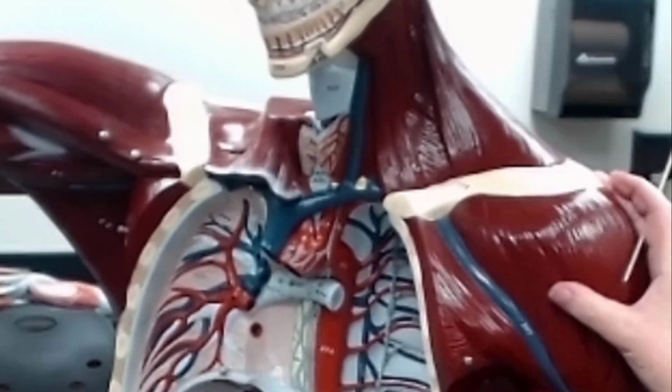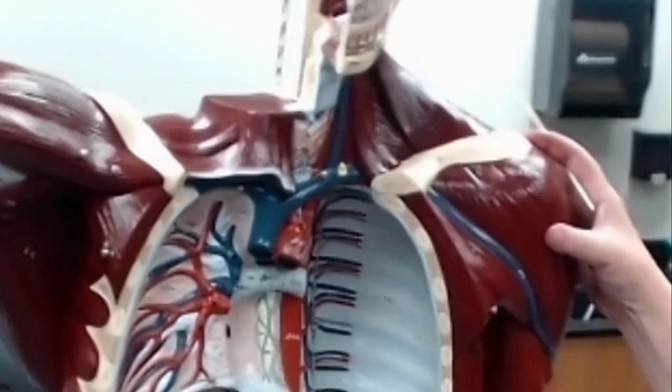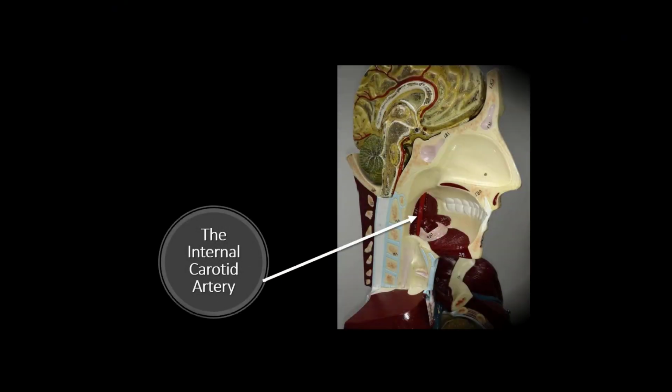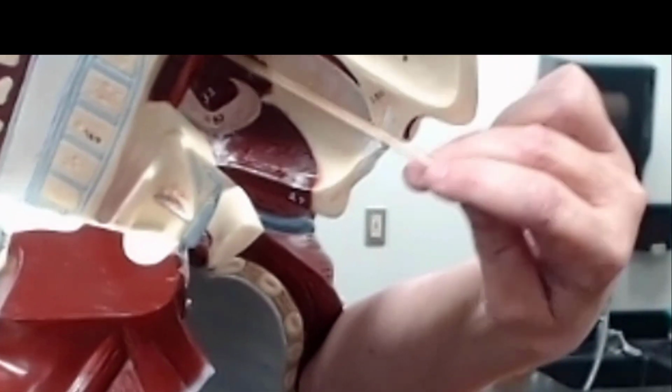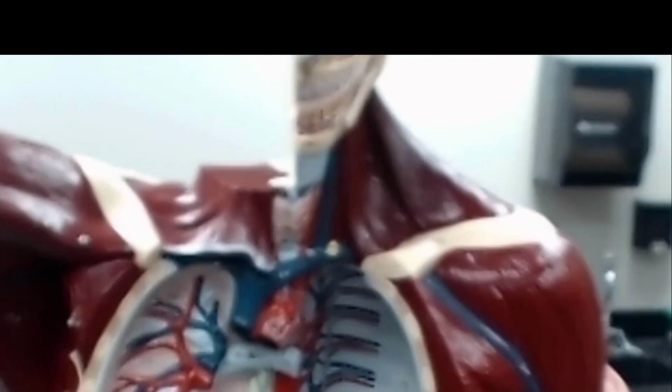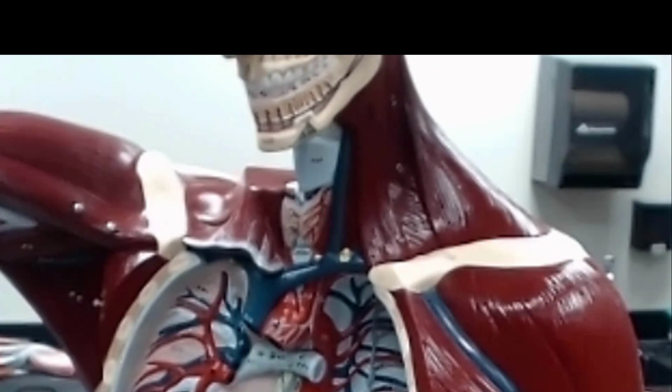That internal carotid artery is also viewable right here on the inside of the mouth, on the inside of the oral cavity. So that is the internal carotid artery as well. A little sneaky place for them to put it.